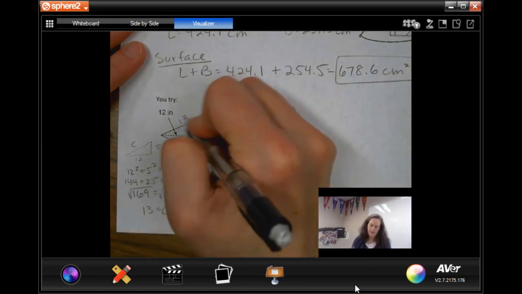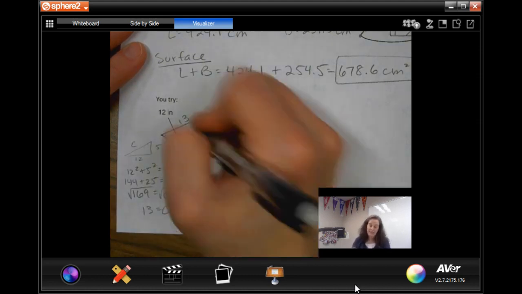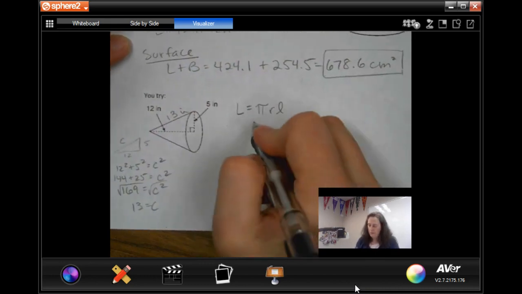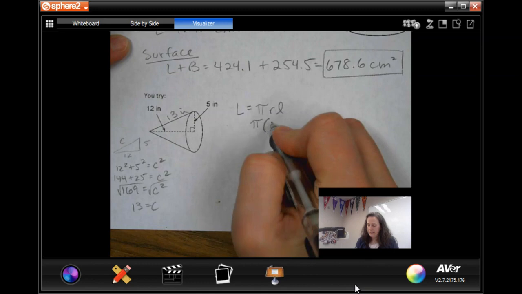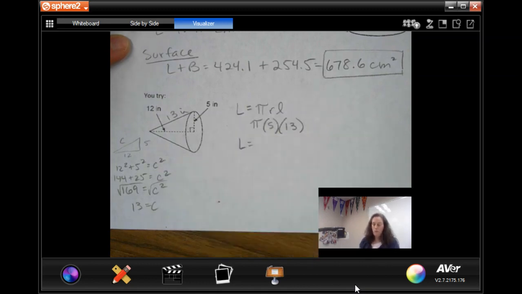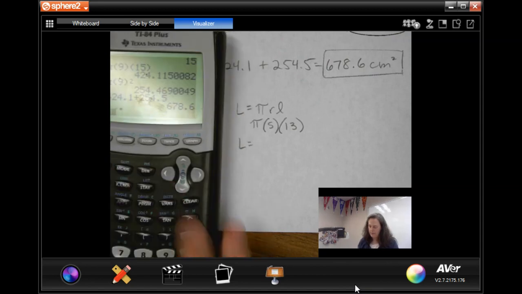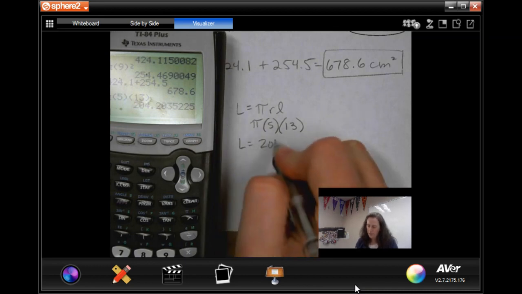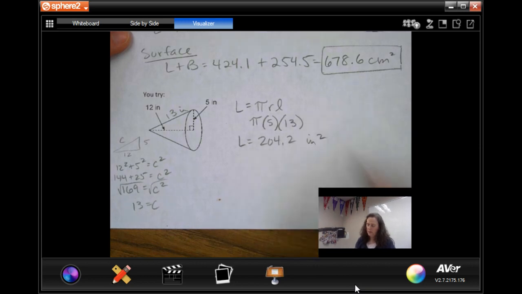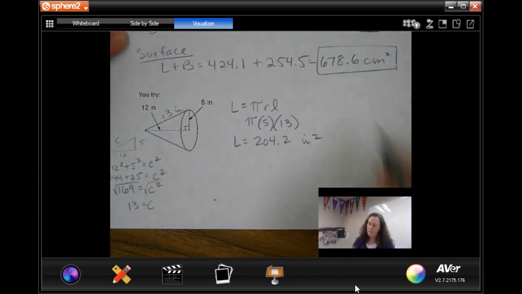So I know now that my slant height is 13, it's inches. Okay, then I've got all my pieces. Pi, radius is 5, slant height is 13. What'd you get when you put that together? Pi times 5 times 13. 204.2 inches squared.